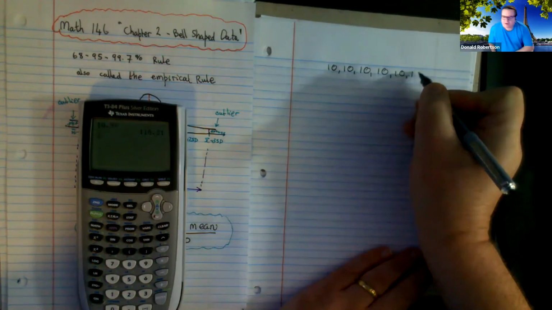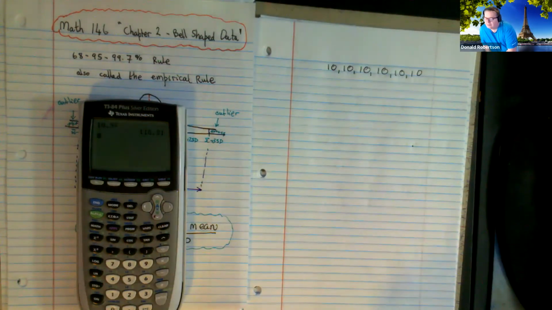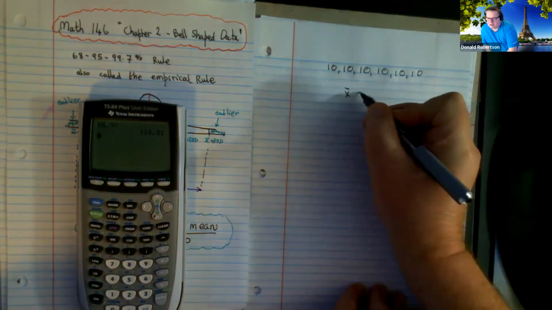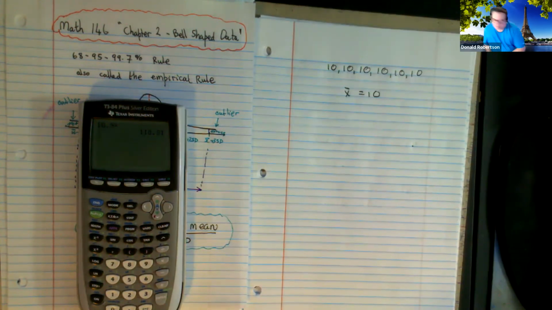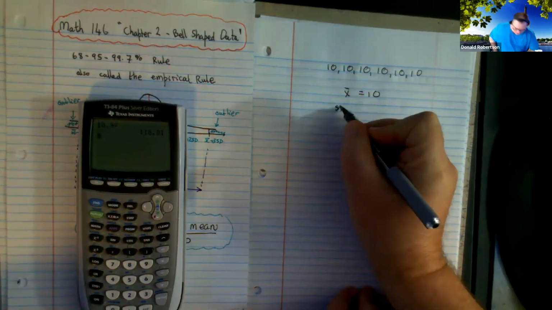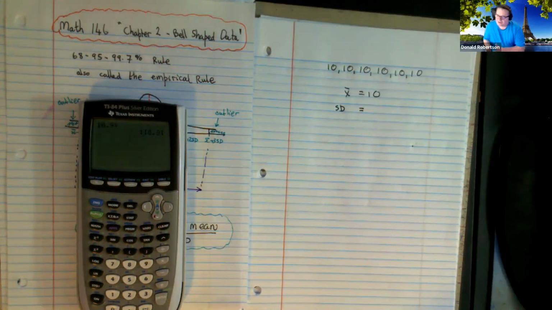Suppose my data consists of the same number, so every single one of them was 10. Would you agree that you don't need a calculator to figure out the mean would be 10? You also do not need a calculator to tell me what the standard deviation is. Remember, the standard deviation is a measure of how spread out things are.